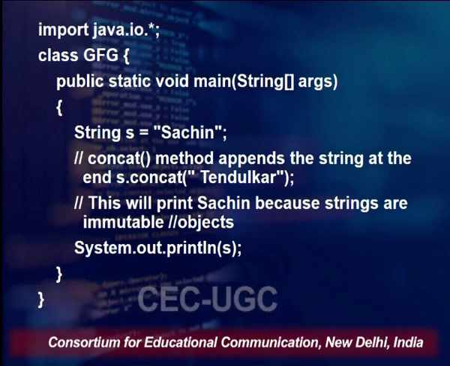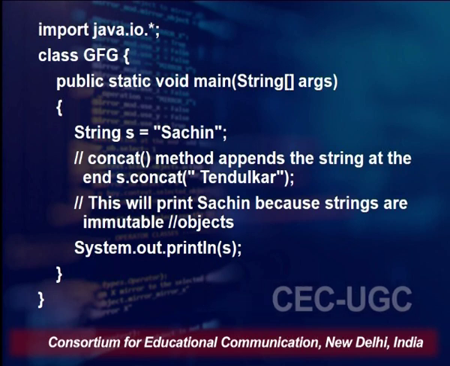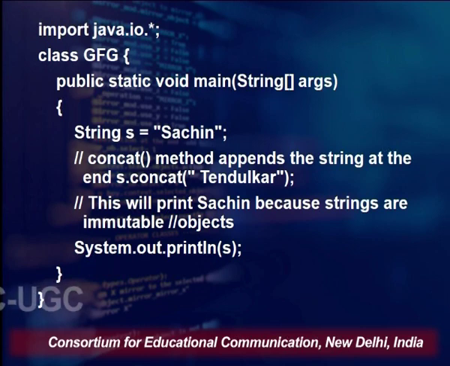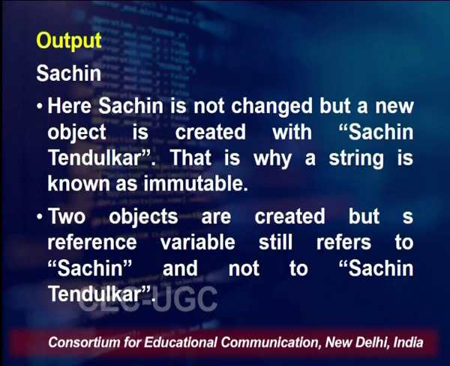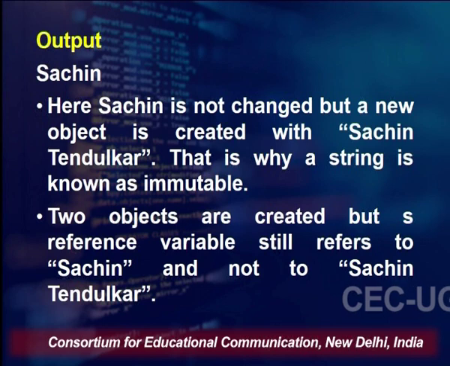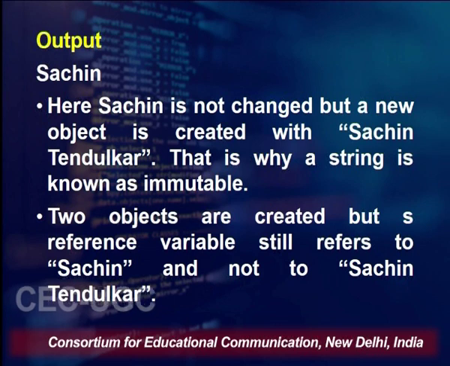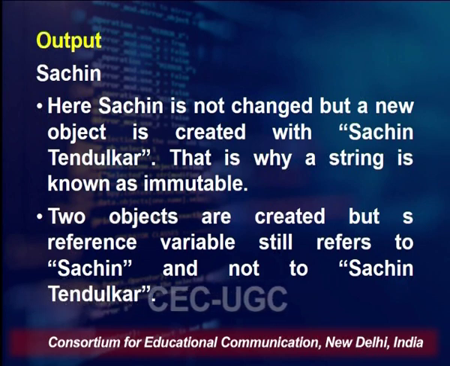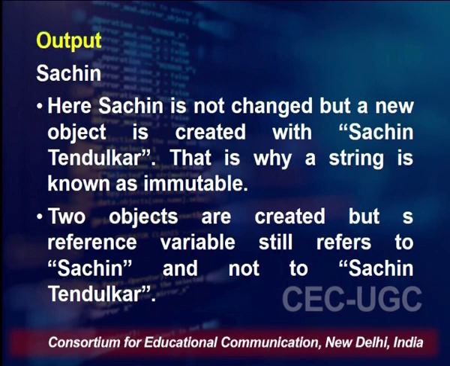Now, what is the way if we actually want to concat this? There are ways, but as far as this particular way is concerned, it is not going to concat anything behind this literal Sachin. So, the output even after concatenation is going to give you just Sachin.